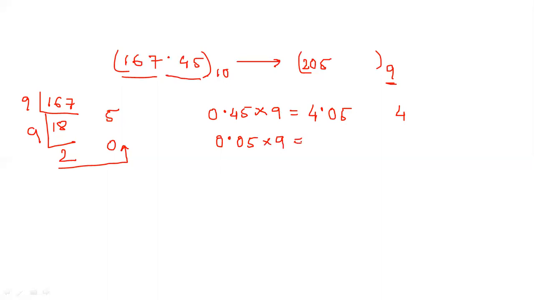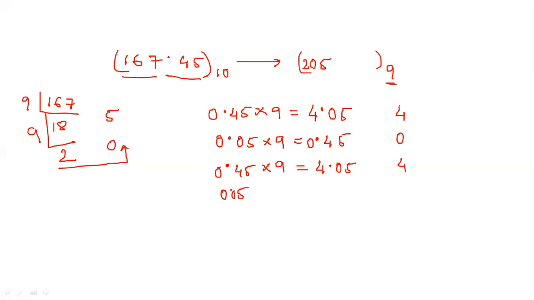So 0.05 multiplied with the 9, we have 0.45 again, and we have the 0 over here. So separate the left hand side, and remaining part we have to multiply again. And again the same thing, we have the 4.05, and after separating 4 we have the 0.05 only.